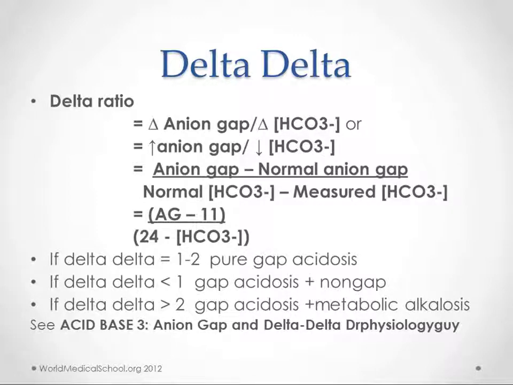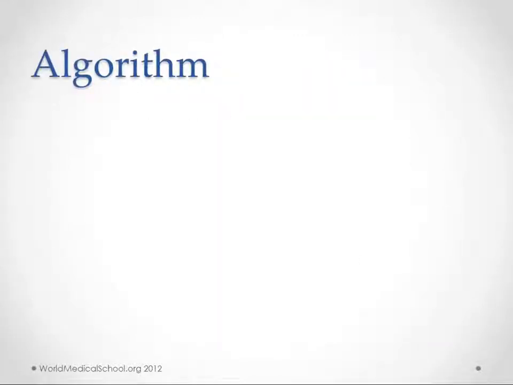If you have a delta ratio that is less than 1, then that means that you have a gap acidosis, but you also have a non-gap acidosis. And if your delta-delta is greater than 2, then you have a gap acidosis plus a metabolic alkalosis. Again, if this doesn't make a lot of sense, just watch this video that I've got a link to here, and it will go into a little bit more depth and be helpful for you.